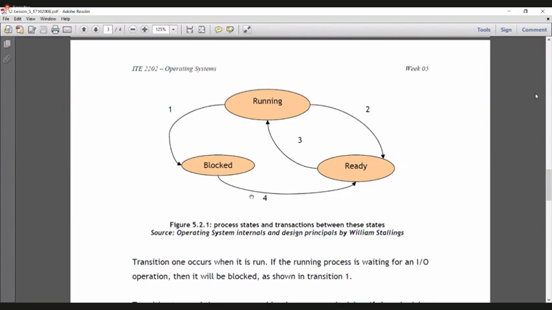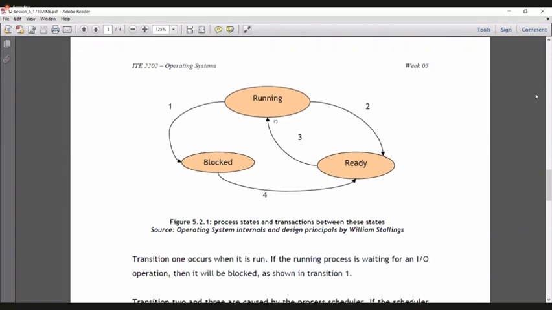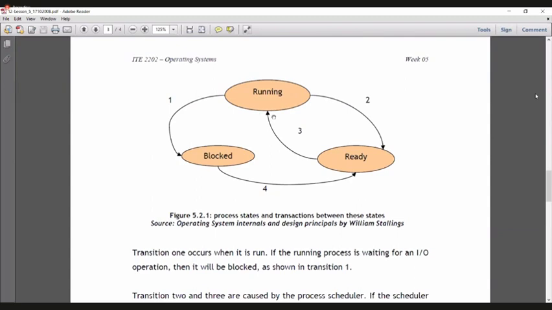That means it is not really blocked, because if you get inputs, it is in the ready state, but waiting for the run. Right? So this diagram is a very simple diagram. You understand, right? So what are the process states in this diagram? Running state, ready state, and the blocked state.